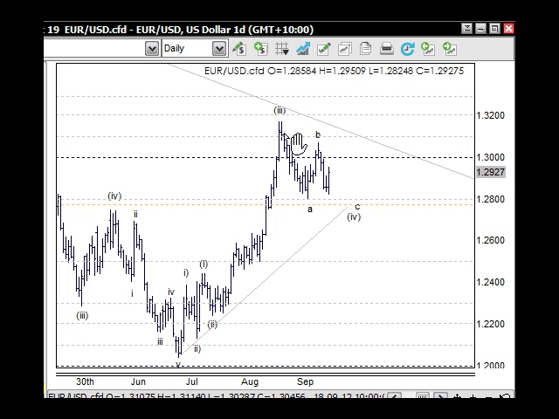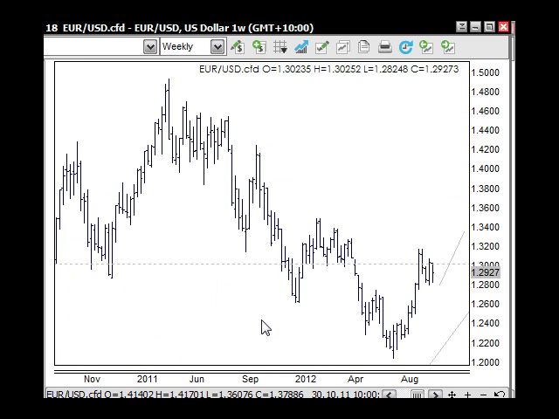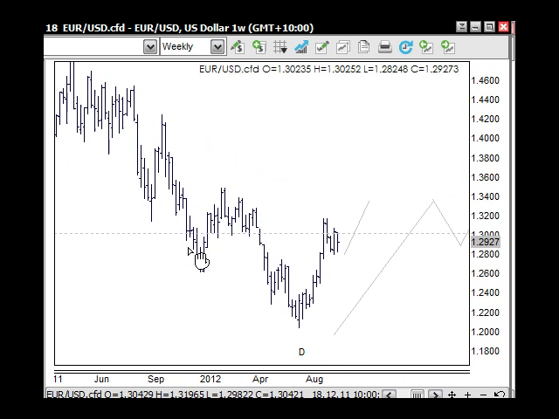Because we've got the extension in wave 3 here, the wave 5 will be somewhere in the vicinity of this length here for wave 1. So we still don't have a huge setup coming just yet, and that will come much later when we're looking at, say, this weekly chart here.